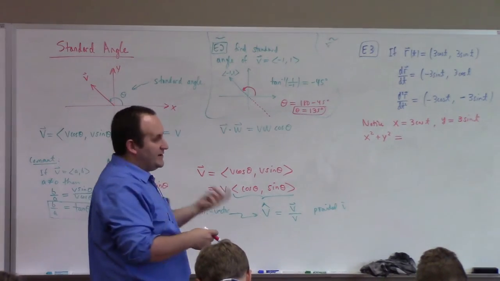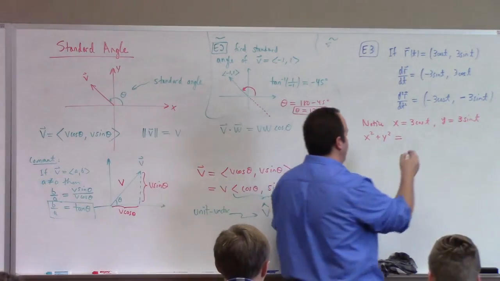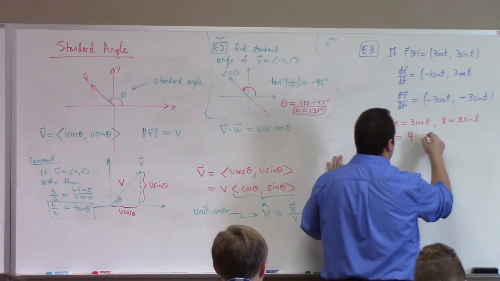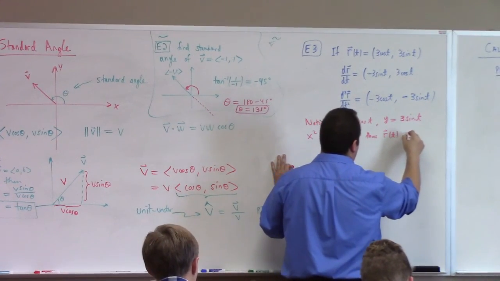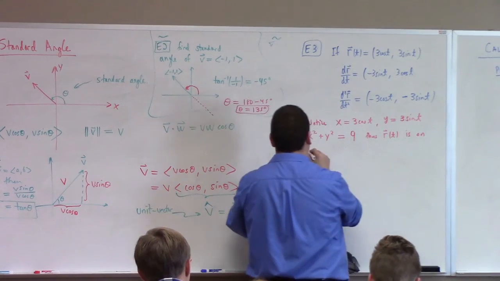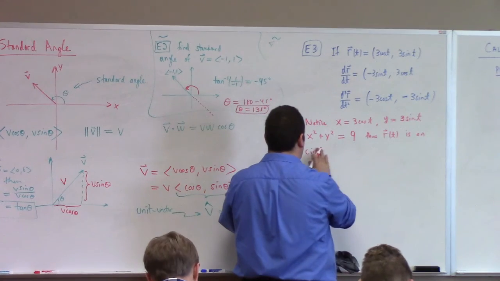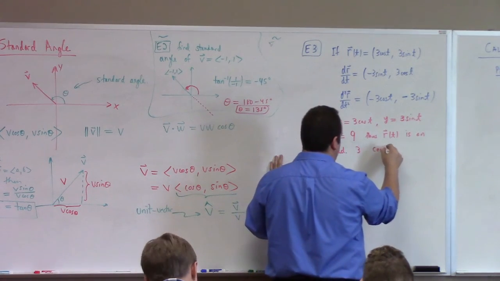We get 9 cosine squared plus 9 sine squared, which is just 9. So what does this say? This says that r of t is on a circle, radius 3, centered on the origin.